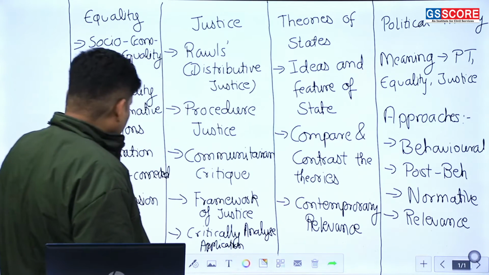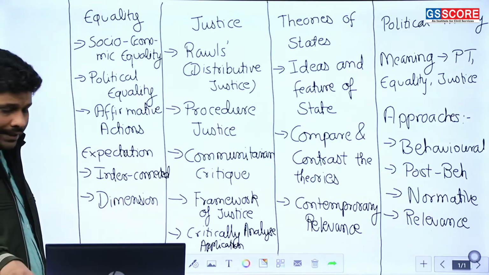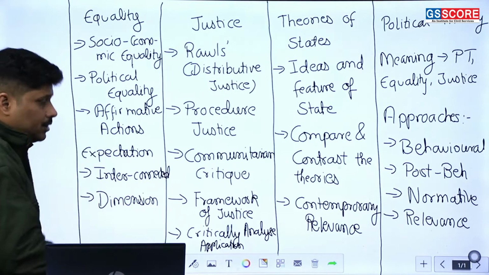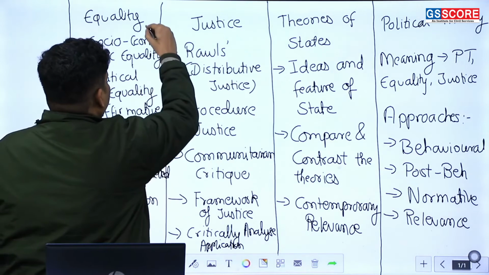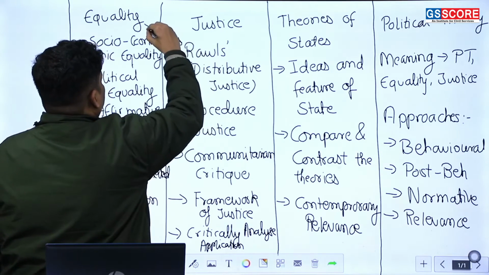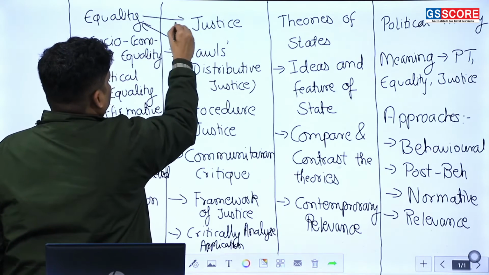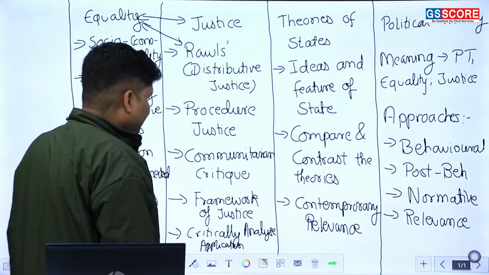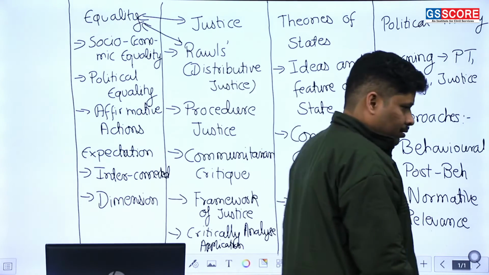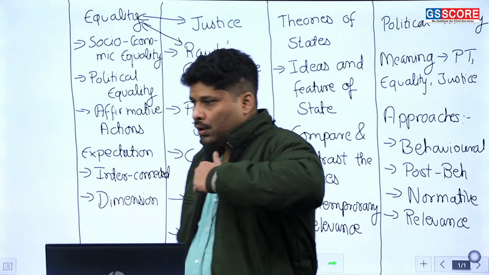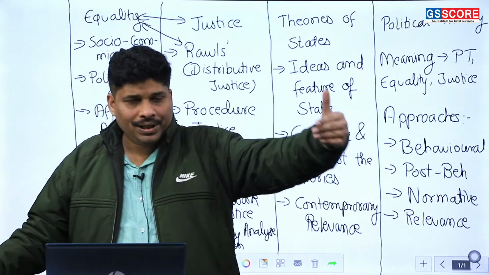Then comes where to interlink it. If I take into consideration equality, then where to basically interlink it? The first point of interlinkage is in the neighborhood, ठीक है? The link that can be established with justice. So for example, to explain equality, what may be needed?